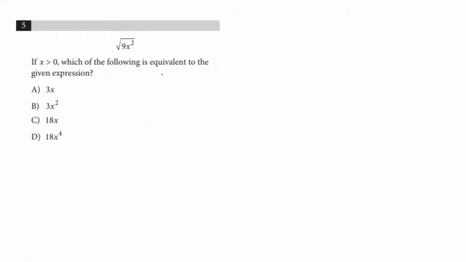If x is greater than 0, which of the following is equivalent to the given expression? So square root of 9x squared is equal to which of these, right? So let's first do it a longer way, but it's more clear in explanation. So we have the classic law for square roots.